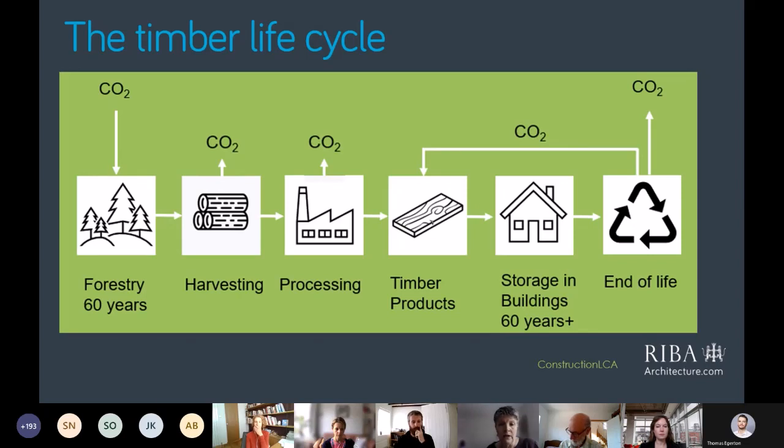When we talk about offsetting, planting forests is one of the ways in which countries and projects can offset. That timber is then harvested and used to produce timber products. And in this context, we're talking about construction. Around half of all timber that's harvested is going into timber products for construction at the moment in the UK, for example, more in some other countries.